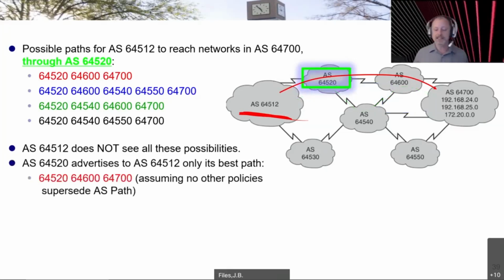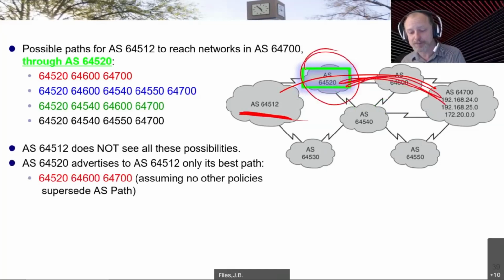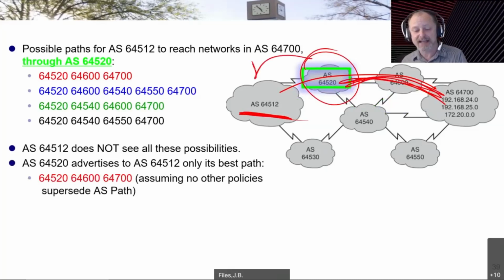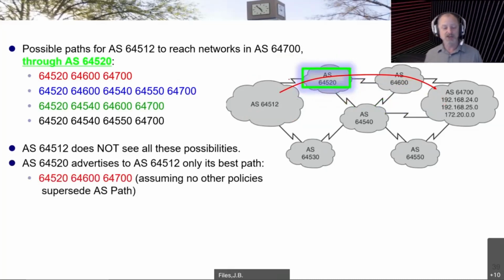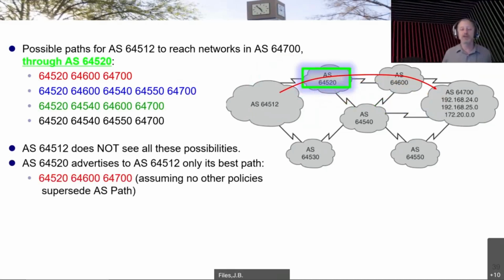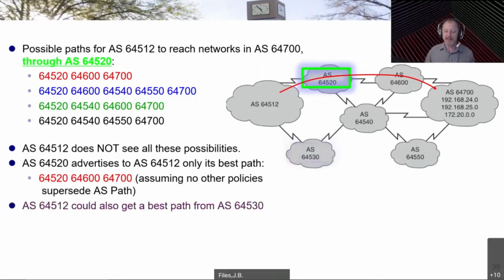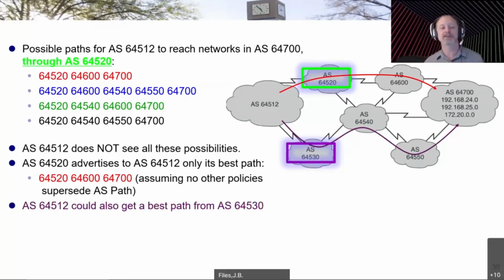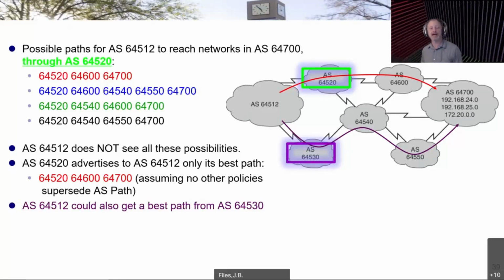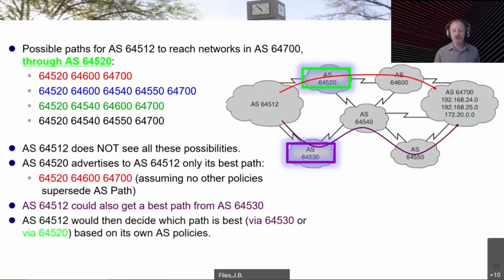What it's going to see is that this autonomous system is going to pick its own best path that it likes, and that's the path that's going to get advertised. So the autonomous system on the left is only going to see one path advertised by that autonomous system. The same thing goes with its other autonomous system neighbor. It's going to advertise its best path. So we essentially have two choices.